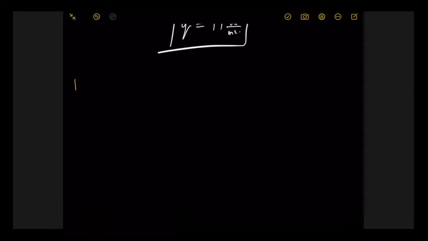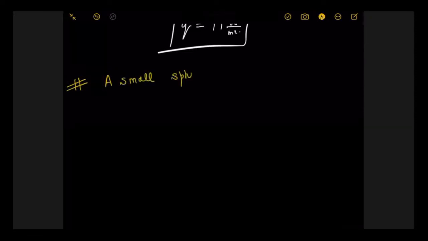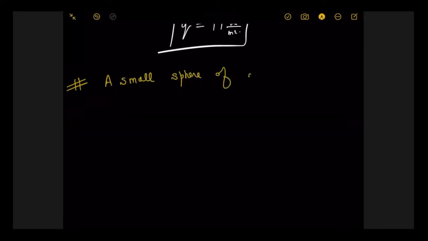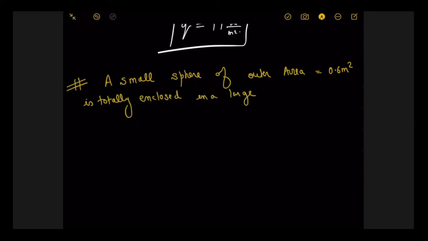Next question. A small sphere of outer area 0.6 meter square is totally enclosed in a large cubicle hall.